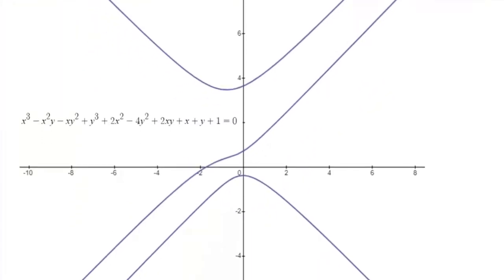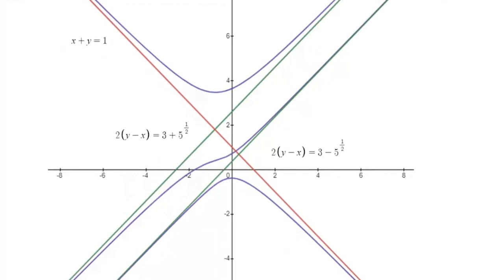Basically it has three branches, and if we plot the asymptotes, this is how the graph will look. We have this asymptote x plus y equals 1, then y equals x plus 3 plus root 5 by 2, and this other one which is y equals x plus 3 minus under root 5 by 2. So all these three lines are asymptotes to this curve.